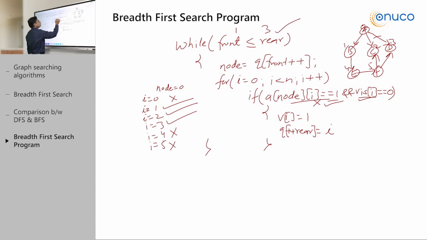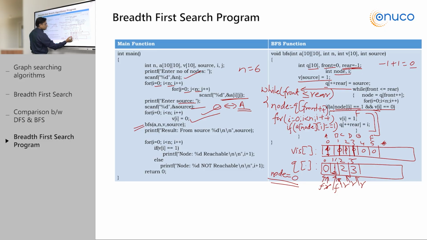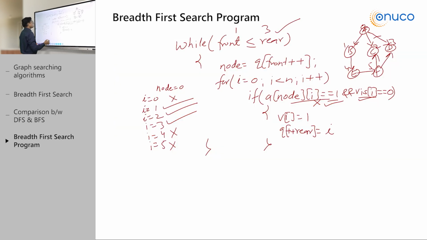Then go and write the node. Node is equal to Q of front. So again you are going to write these steps: node is equal to Q of front plus plus. Store the value of Q of front in the node and then you perform the task. So Q of front, what value do you have? Q of 1, value is 1. So this value you are going to store in node.